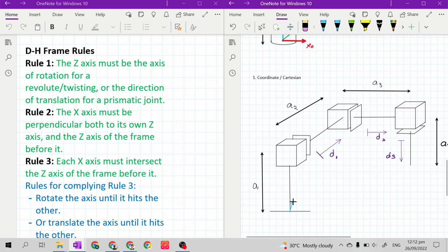So we can draw our, oh, I forgot the center. The center of our frames. So the center of our frame for the base is at the center of gravity of the base.